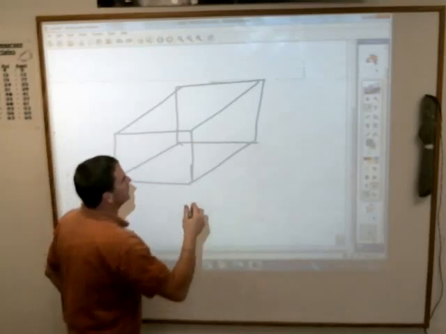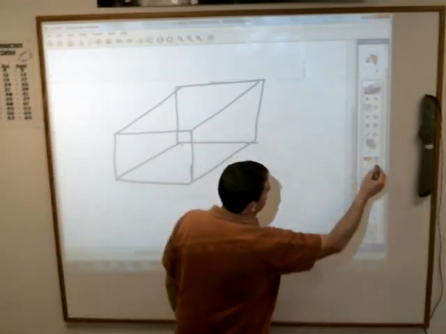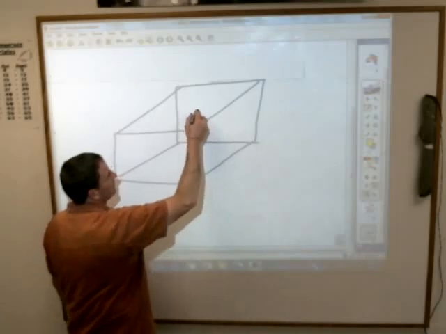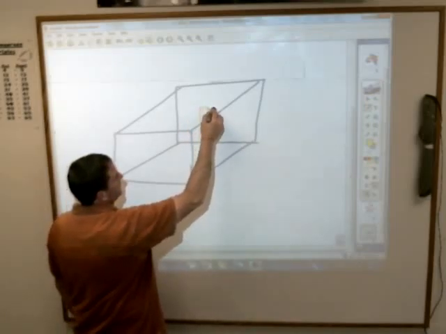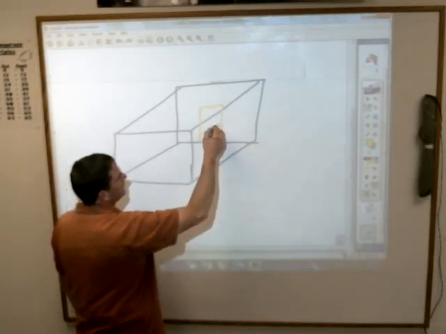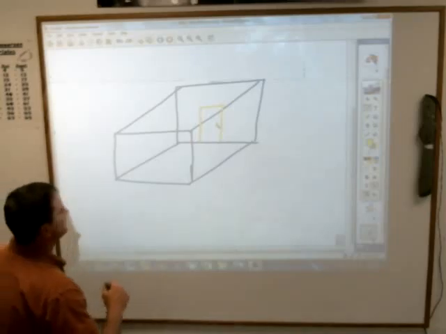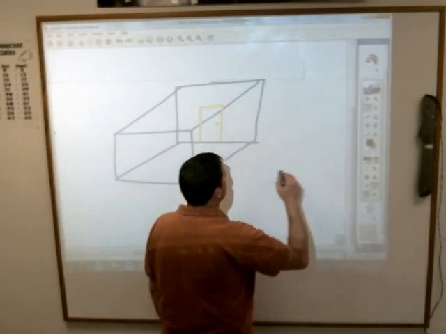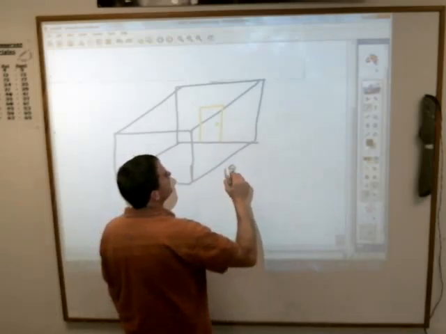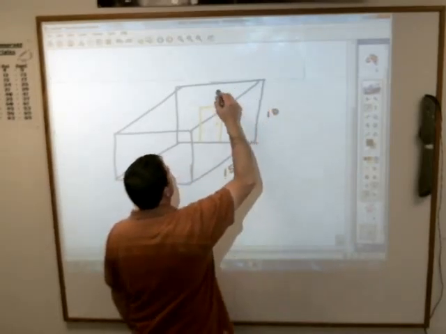Here's our room. And we're going to put a doorway in. I'm going to make a nice yellow doorway right here. Here's my door. And then write down these dimensions here: 12, 10, and 15. 15, 10, and 12.